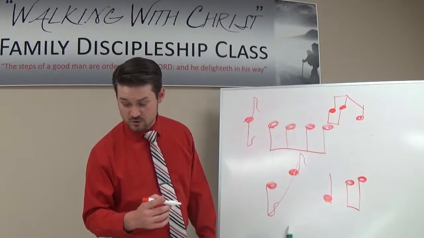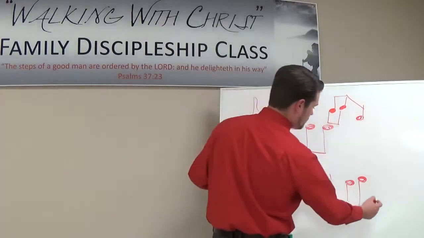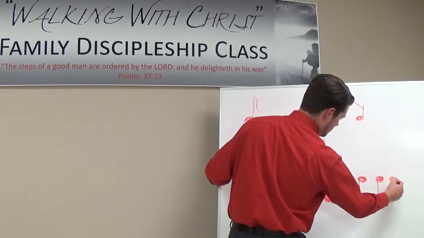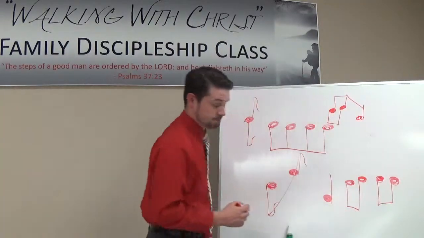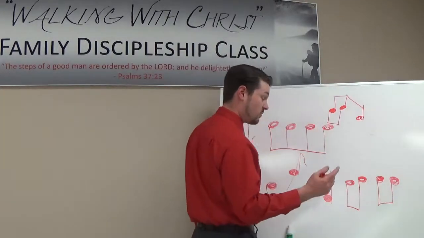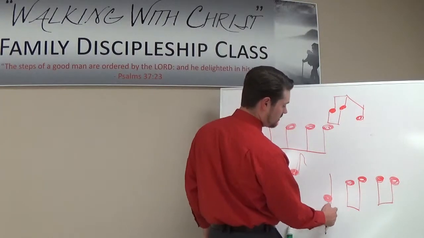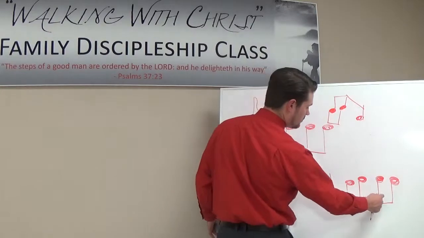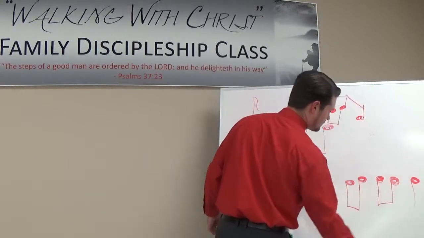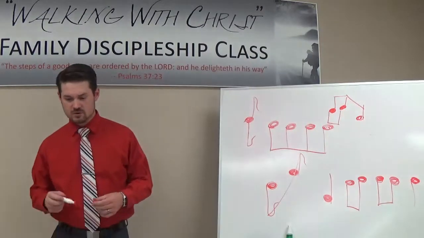Then the next two, which would be number 4 and number 5, we have 2 more eighth notes. We'll make them beams. That. And then the last one has to be a quarter note, because there's only one more note left, and you've got 1, 2, 3, and 4 beats. Okay? So that's what we do for the first measure.